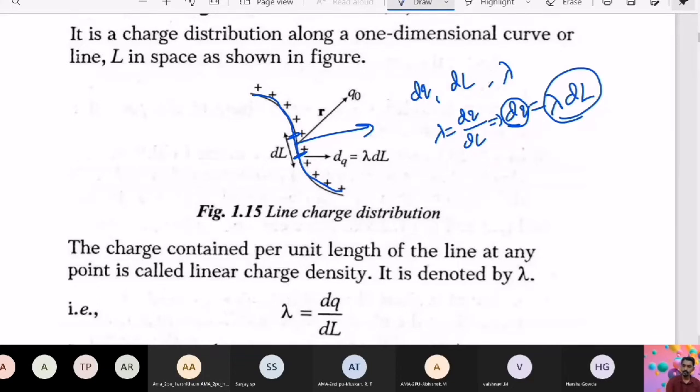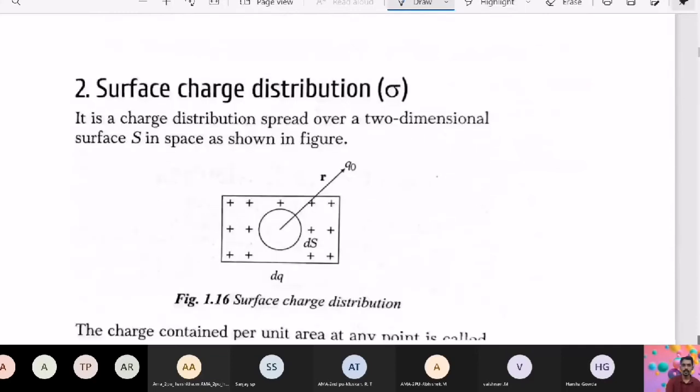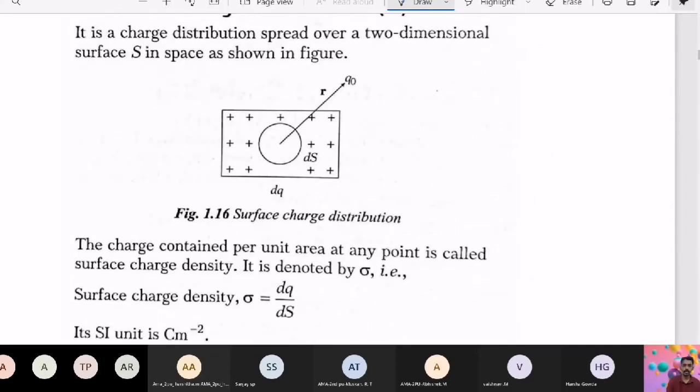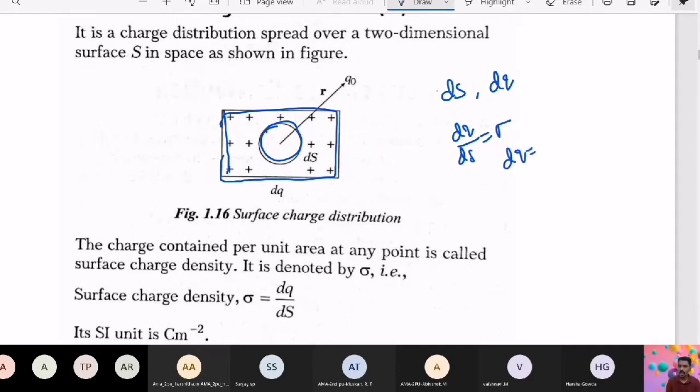Similarly, when you consider surface distribution, you consider one big surface. Within that you consider one small surface area ds, having charge dq. Then charge by area is called sigma. So dq, the small charge on a small area, means sigma ds, or you can also write sigma dA. dA or ds is the small area.